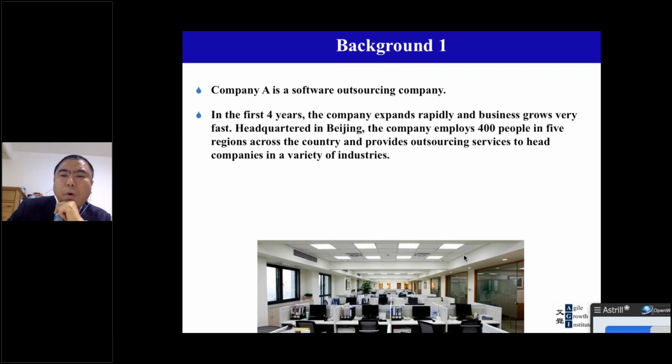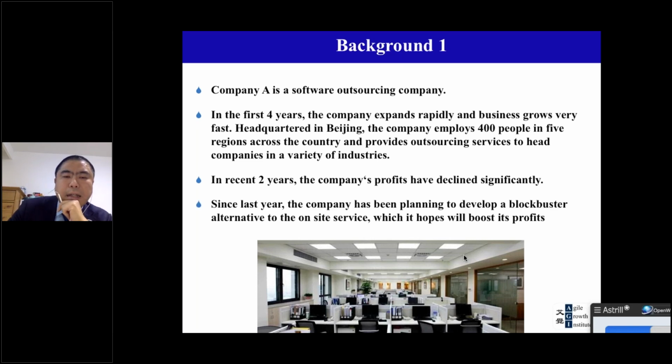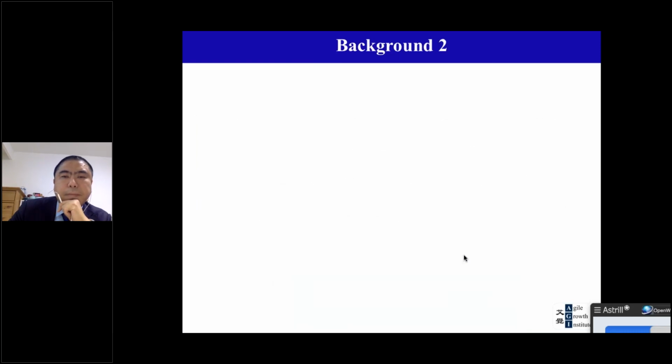The company employs 400 people in 5 regions across the country and provides outsourcing services to head companies in a variety of industries. But in recent 2 years, the company's profit has declined significantly. Since last year, the company has been planning to develop a blockbuster alternative to the on-site service, which it hopes will boost its profits.